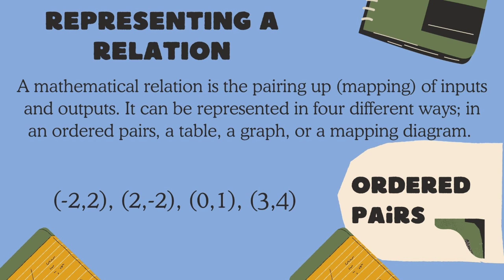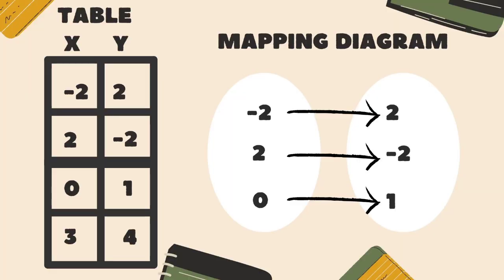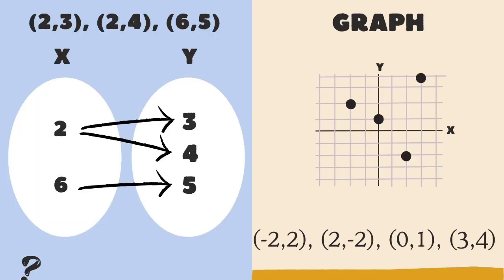The second one is the table of values, the third one is the mapping diagram, and lastly, the graph. So, our example in ordered pairs, we will try to represent using a table of values, mapping diagram, and graph.